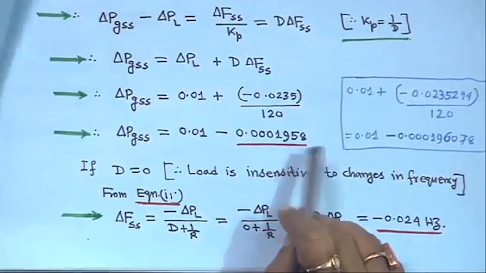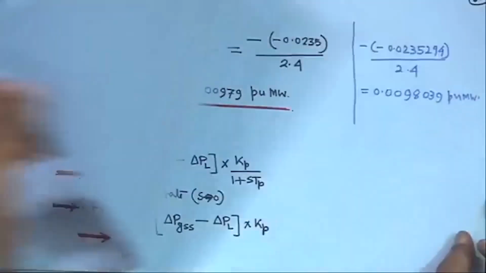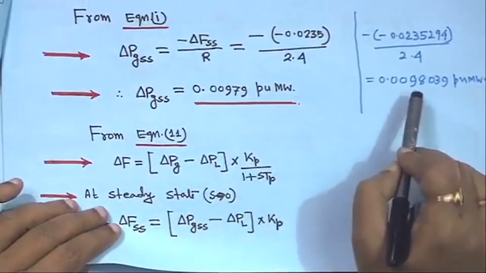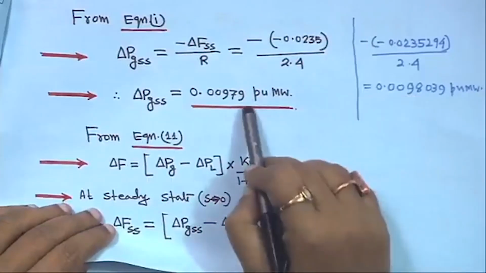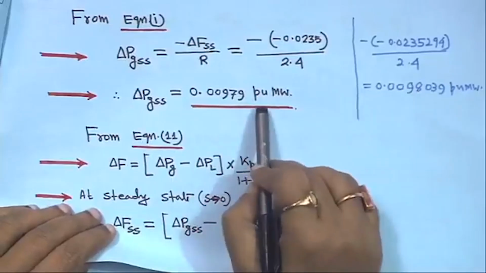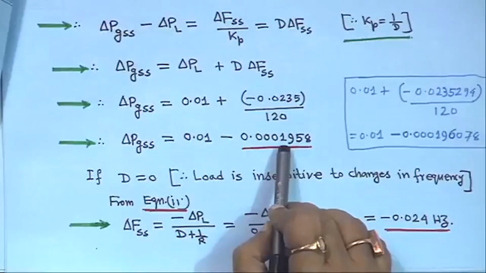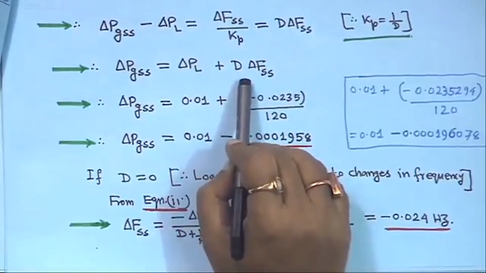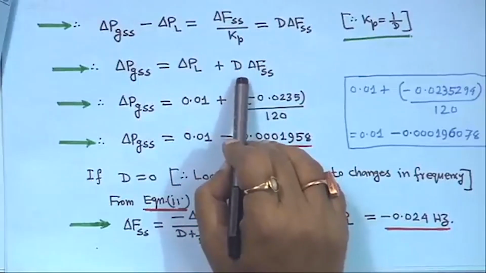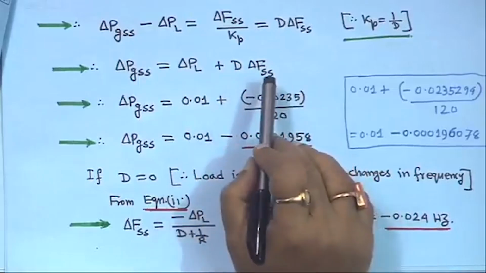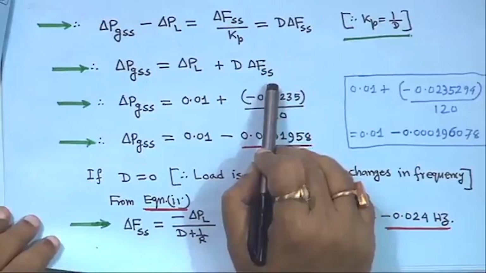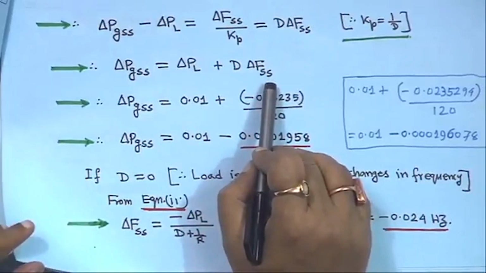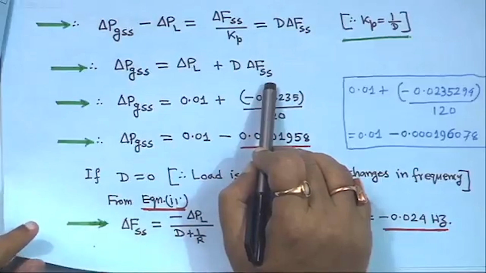That means it is shown here that it is not exactly this one, it is only coming up to 7 decimal places. If you take both they are the same, but I have taken it, and this difference is there. This difference is happening because of what we sometimes call the damping term, d. Because this frequency is showing some steady state value, it is not exactly 60 hertz, some deviation is there, minus 0.0235.